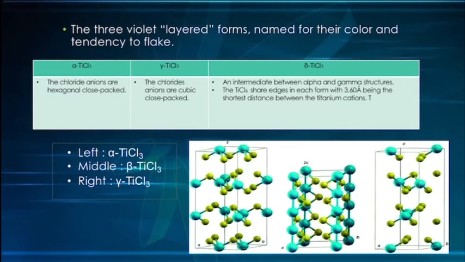Finally, disorder in the shift successions causes an intermediate between the alpha and gamma structures, called the delta form. The TiCl6 octahedra share edges in each form, with 3.6 angstroms being the shortest distance between the titanium cations.